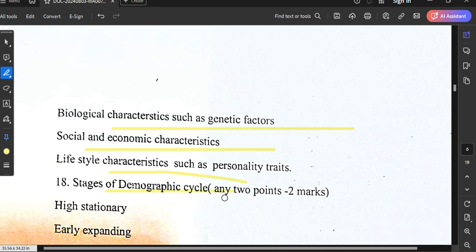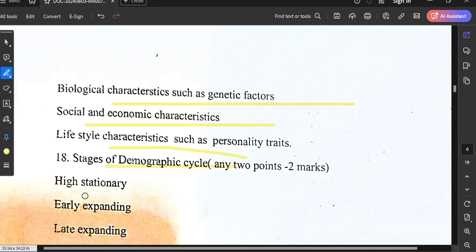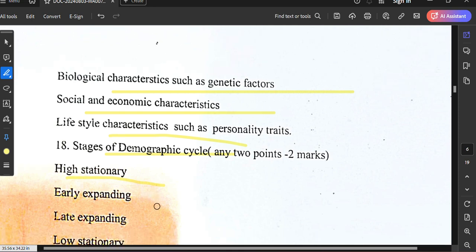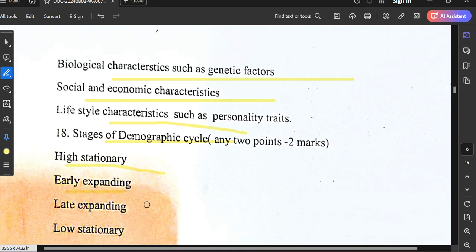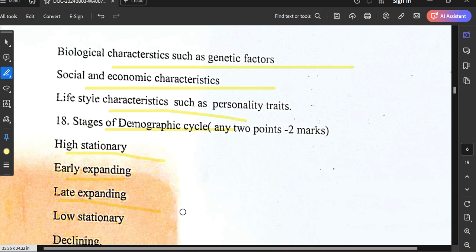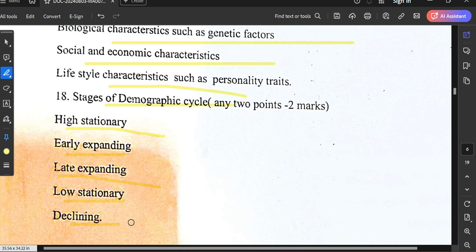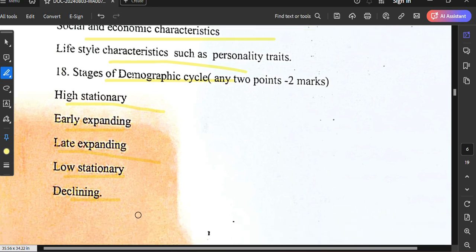The next question is the stages of the demographic cycle. The different stages are the high stationary phase, early expanding phase, late expanding phase, low stationary phase, and the declining phase. First comes the high stationary phase, where for many years the demographic numbers remain constant.